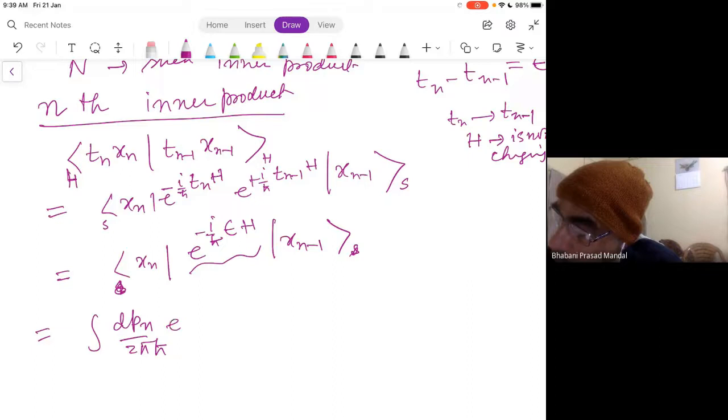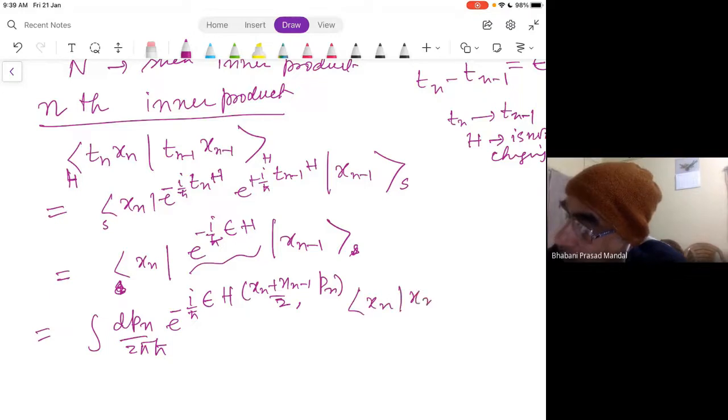So e to the power minus i by h cut epsilon H, and then I will have the x_n, x_{n-1} inner product.